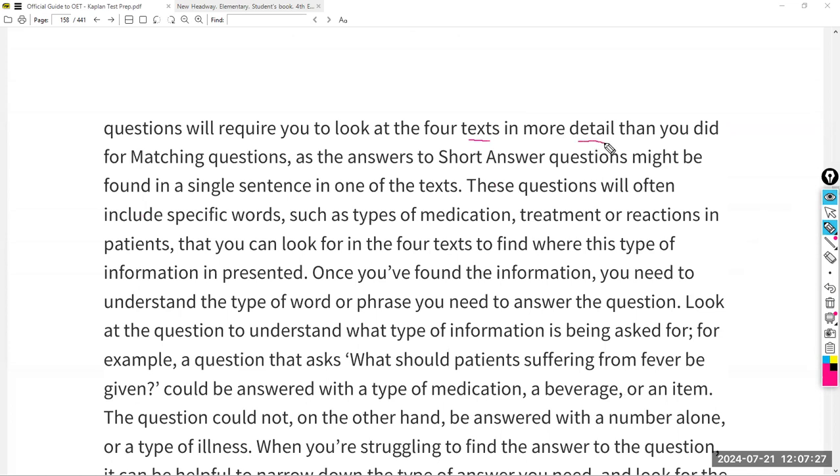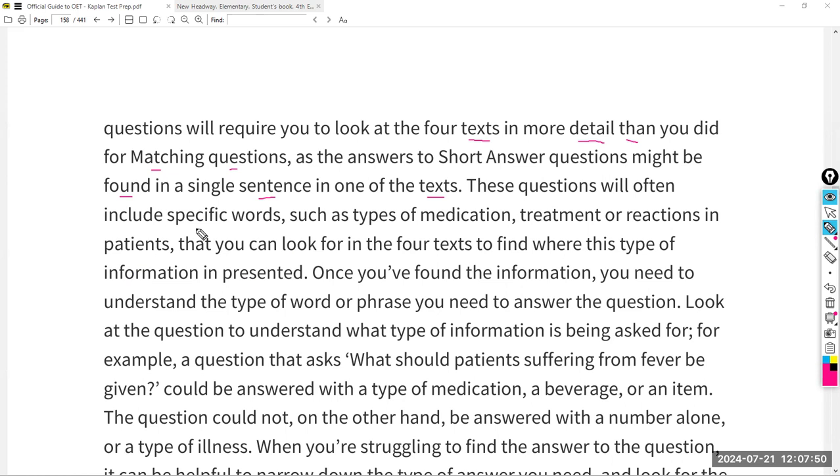As I told you, you have to look for specific details more than you did in matching the information, because as we said, in matching the information, we have to skim, but not to scan. So the answers to short answer questions might be found in only one single sentence or maybe one single piece of information in only one of the texts.